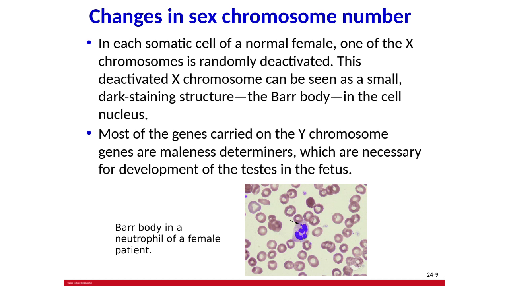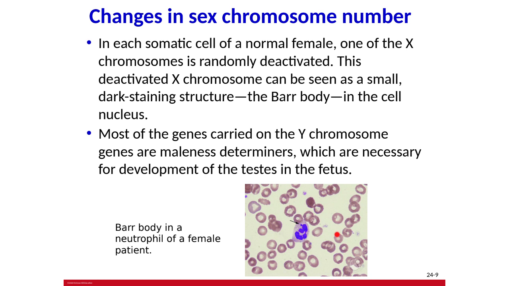So there's a picture here. Let's take a look here. So this is a neutrophil, which is a type of white blood cell found in blood from a female patient. And you see that little bleb there, that little blue thing, that is the Barr body. So that actually contains this deactivated X chromosome within this nucleus. Note that the nucleus in a neutrophil very characteristically has about 4 of these lobes. So it's a very unusual looking nucleus.